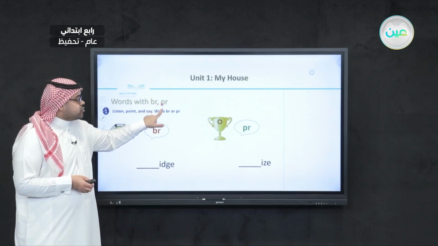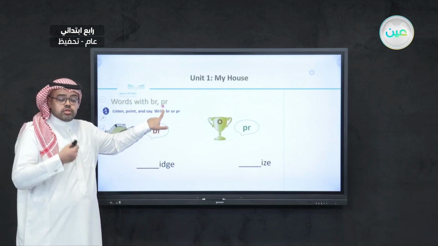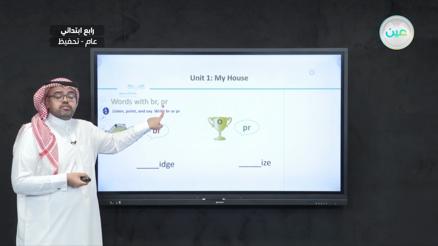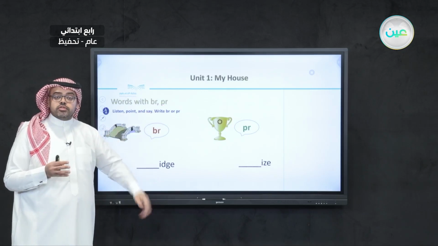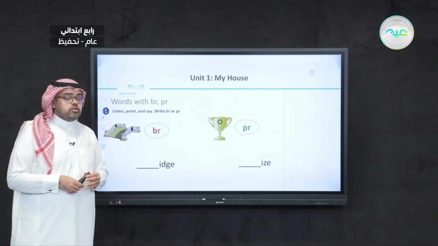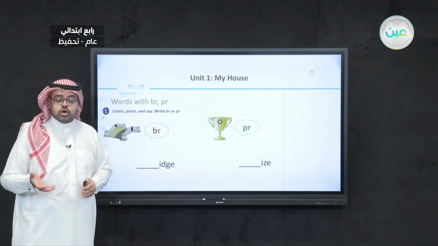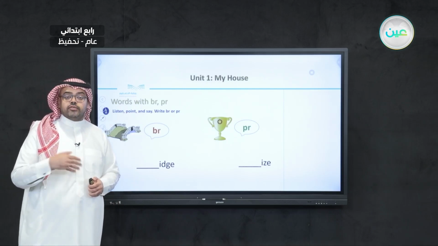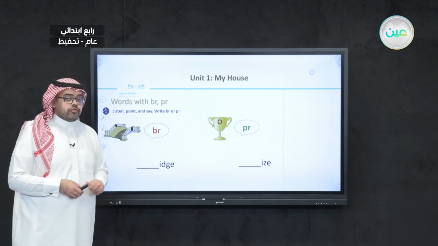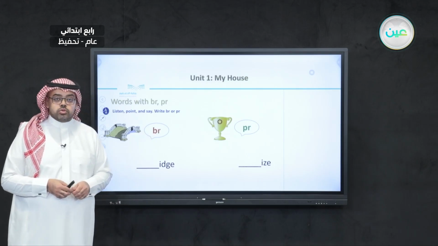And with the second one, we pronounce it with stress, like plant, practice. So these are the differences between these two letters, and we're going to have a better understanding after we answer a couple of questions about them.